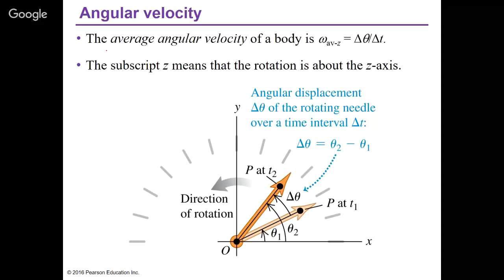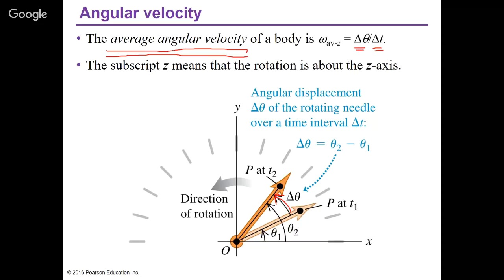We first calculate the average angular velocity: at time 1 and time 2, how much angle has been rotated by this speedometer needle. That will be delta theta divided by the time interval delta t.